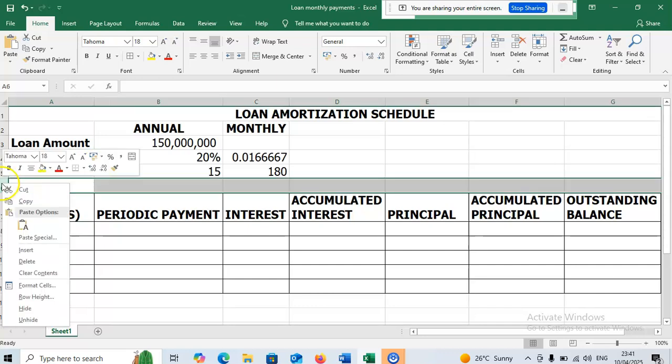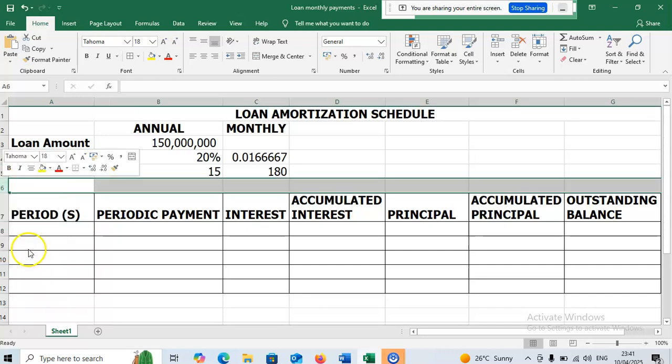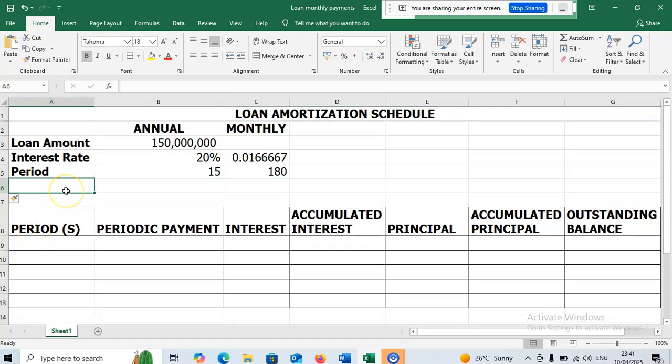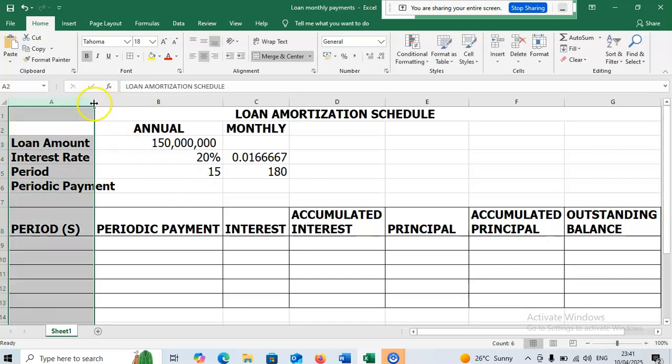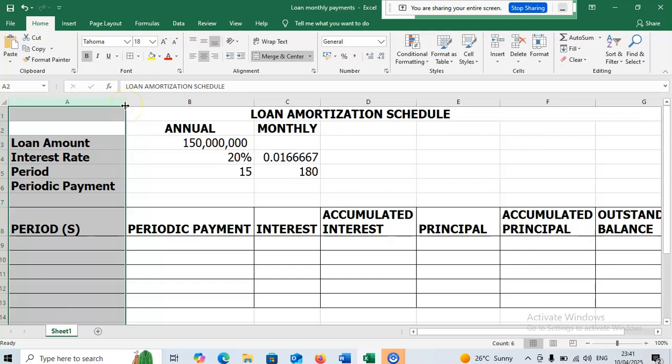There is a row we need to insert here. That row is called periodic payment. Periodic payment. Okay.